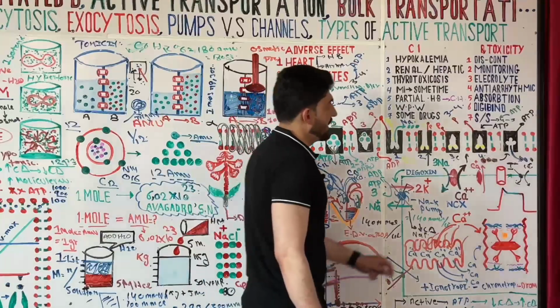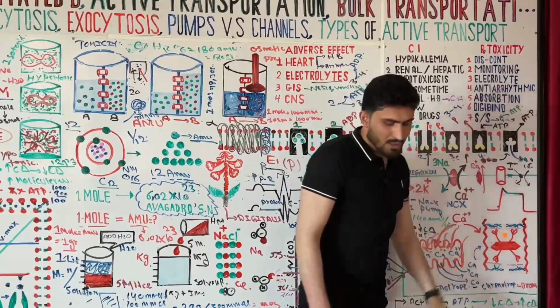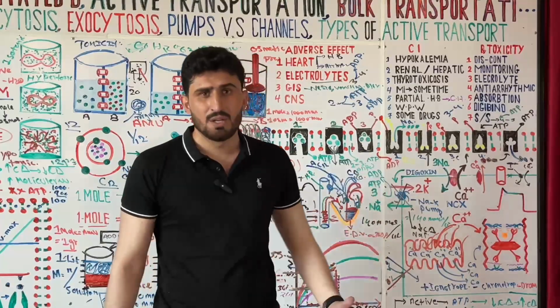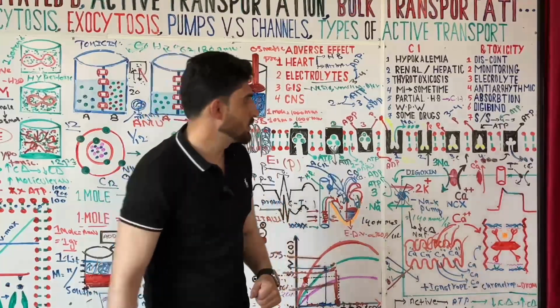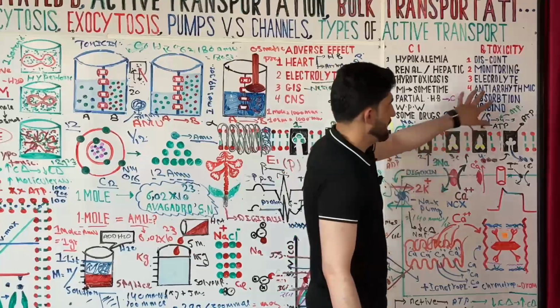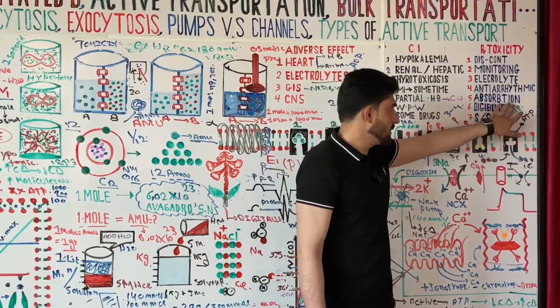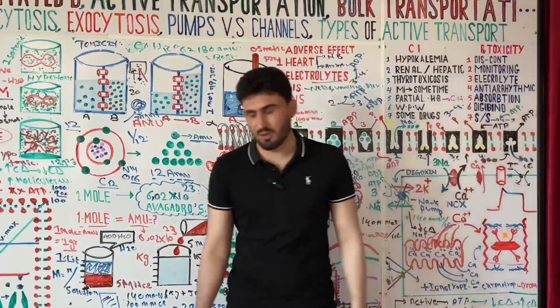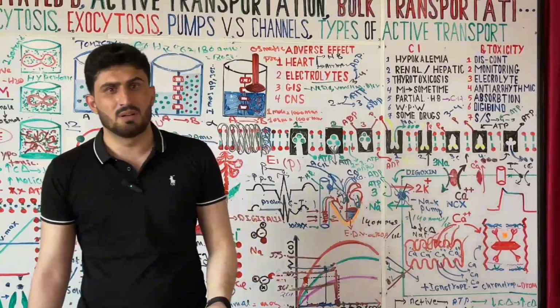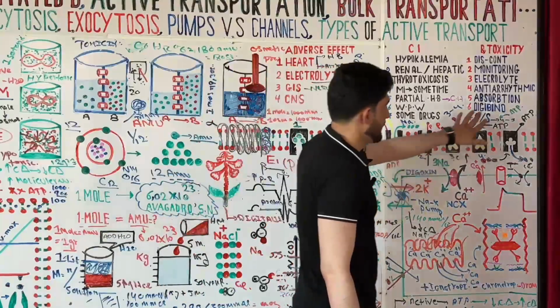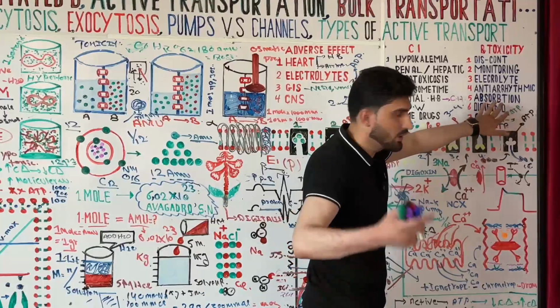If a patient has arrhythmia due to digoxin, use antiarrhythmic drugs to correct the arrhythmia. You can also give activated charcoal to prevent further absorption.